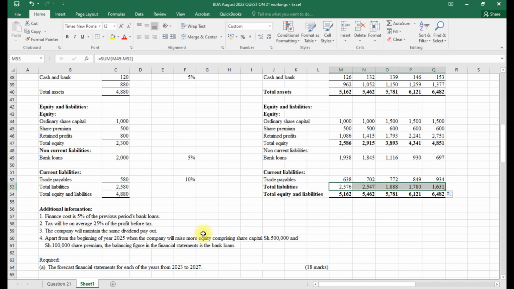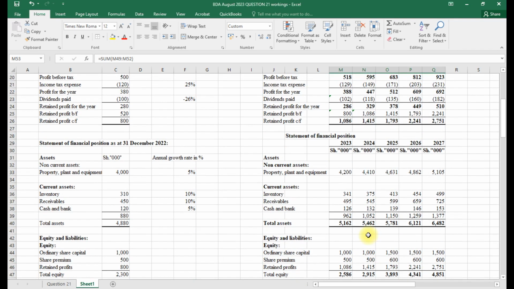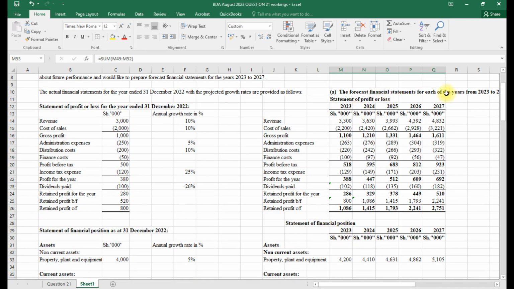Remember, the first part is where we have to calculate the forecasted financial statement for each of the years from 2023 to 2027. So already we have calculated the forecasted financial statement of profit or loss for 2023 to 2027.